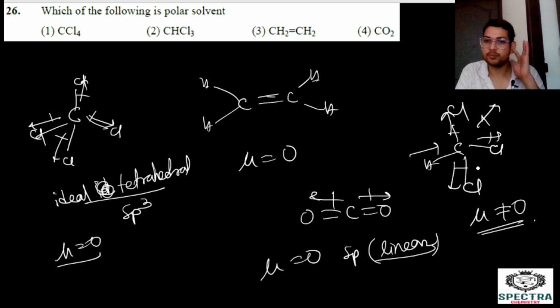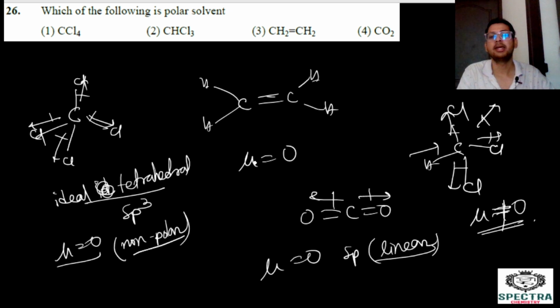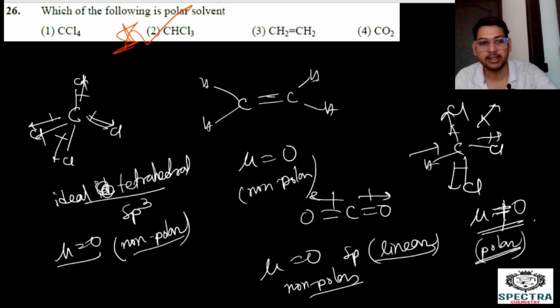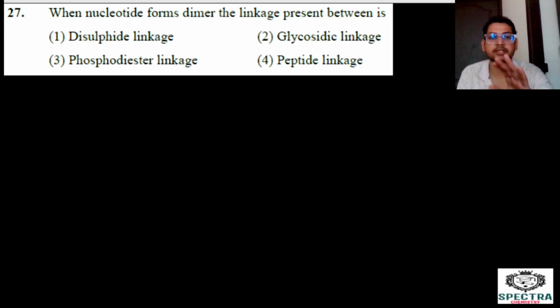It will not cancel out because all the bonds are not identical, all the atoms are not identical. So mu not equal to 0. This one is mu equal to 0. So these are non-polar, and the ultimate one, this one, is polar. So sir, polar will be your answer. So easy. Okay sir, then go for this question.